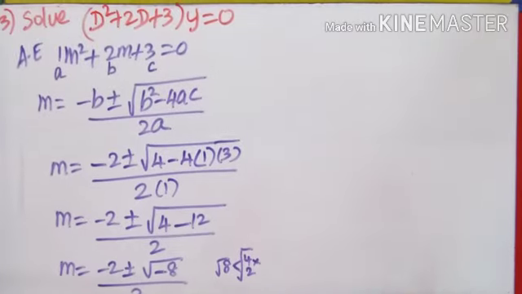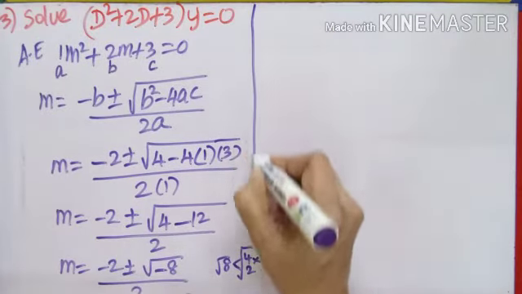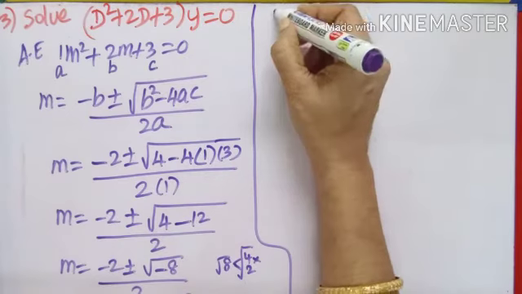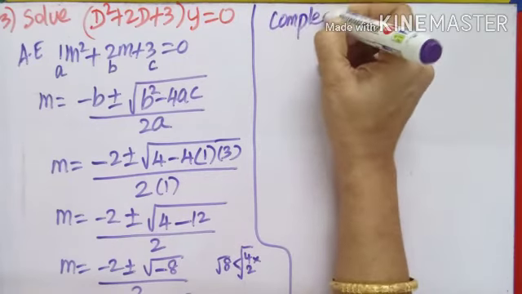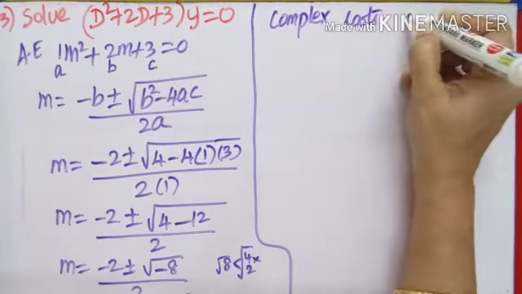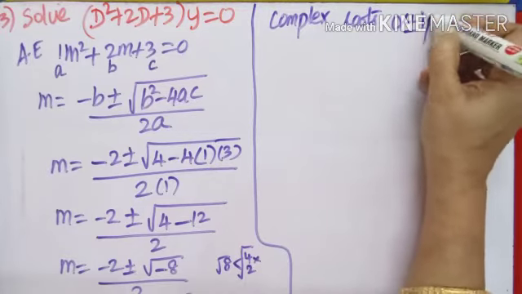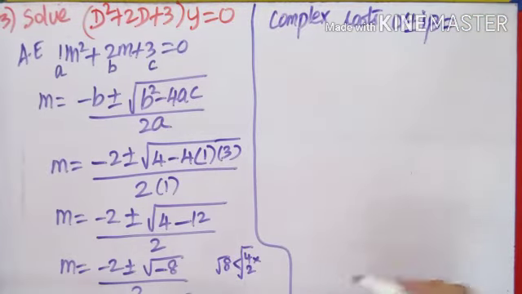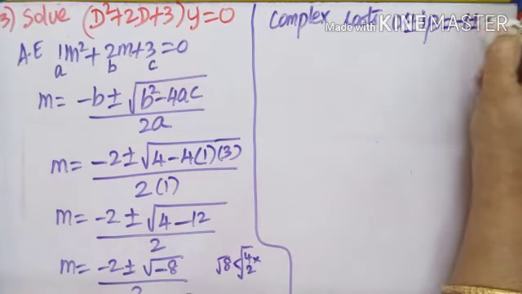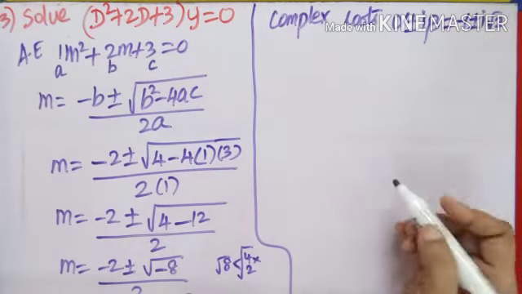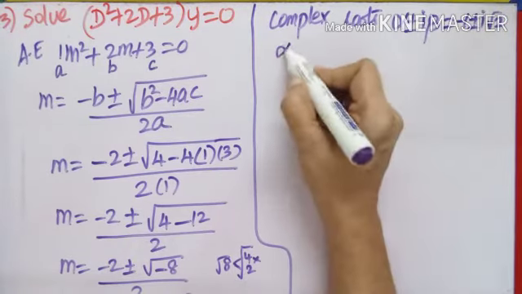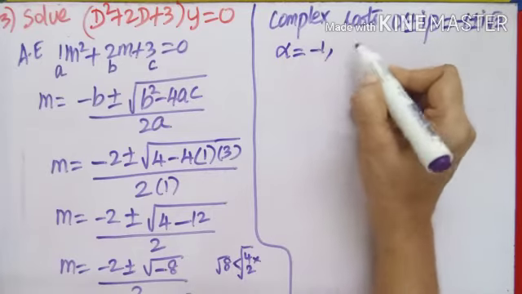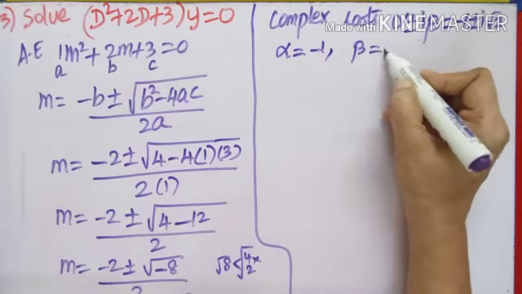Now we put it in the complementary function. What is the formula? The roots are complex. What is the format? Alpha plus or minus i beta. In this question, minus 1 plus or minus i root 2. Compare. Alpha is minus 1. Beta is root 2.